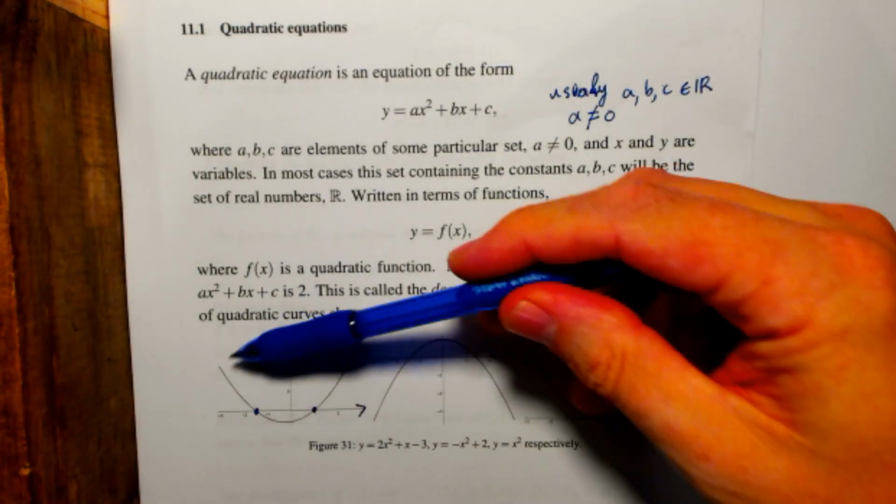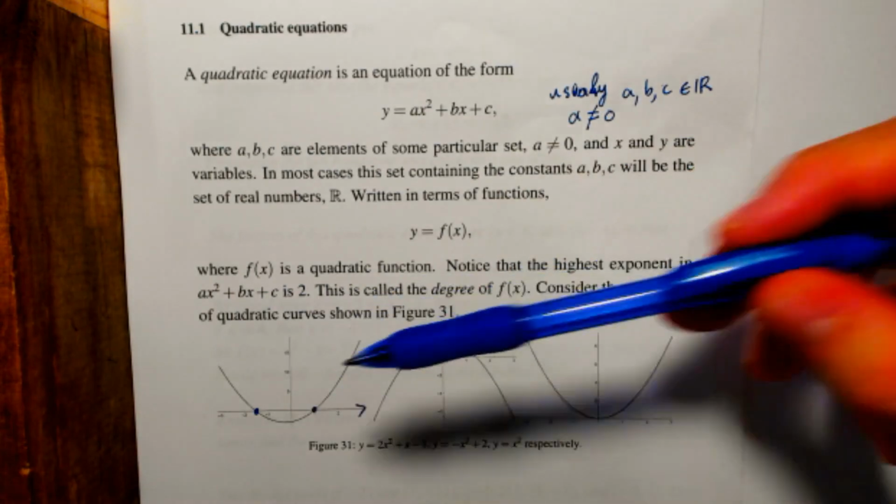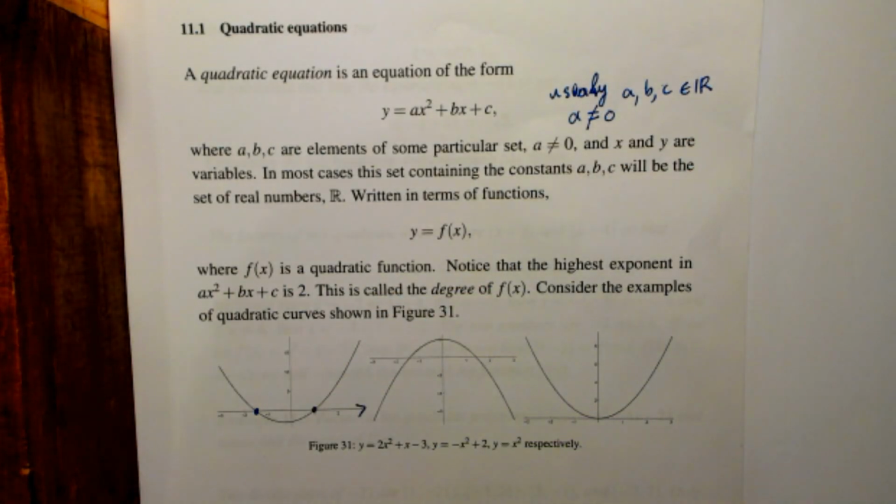Now, it's pointing up like a bowl or a smiley face, if you like, so you can decide which way that should be based on the sign of that leading coefficient, as in the number next to the x of the highest exponent.